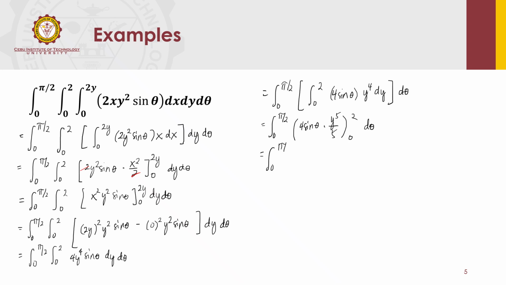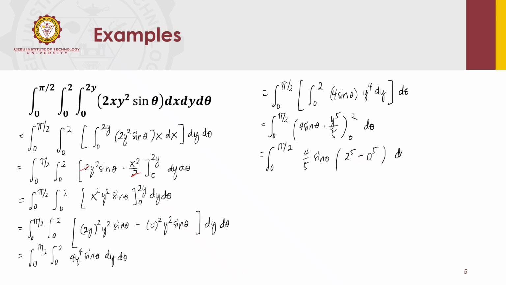We can write this as 4/5 sine theta multiplied by y to the power of 5. So y is 2, so that's 2 to the power of 5 minus 0 to the power of 5. We are factoring out 4/5 sine theta to focus on y.